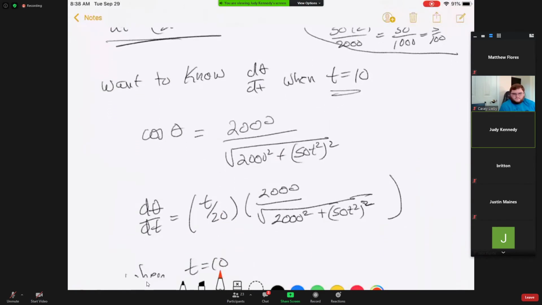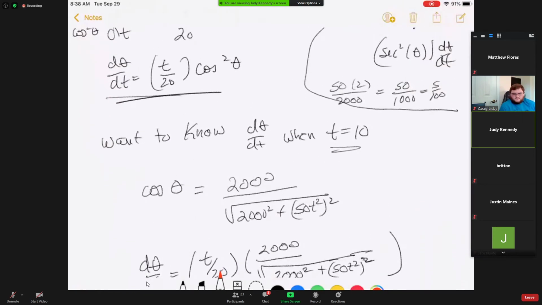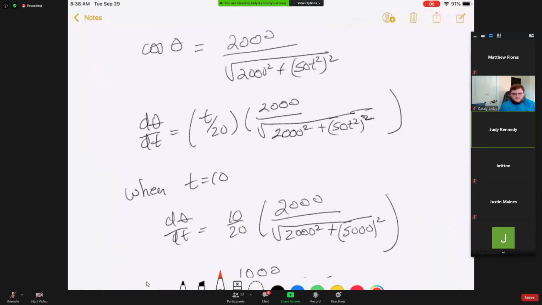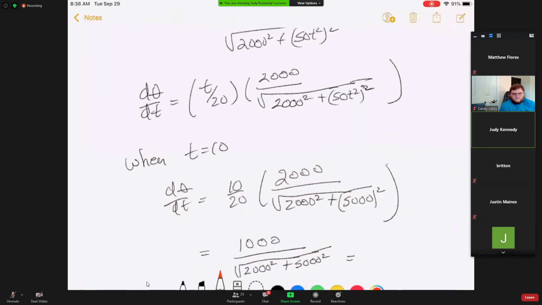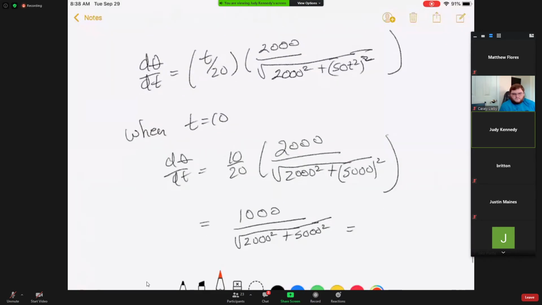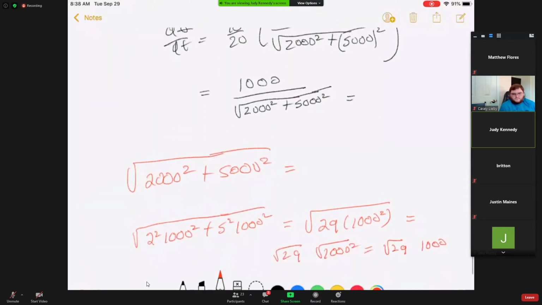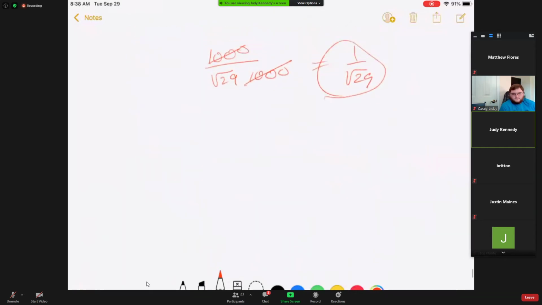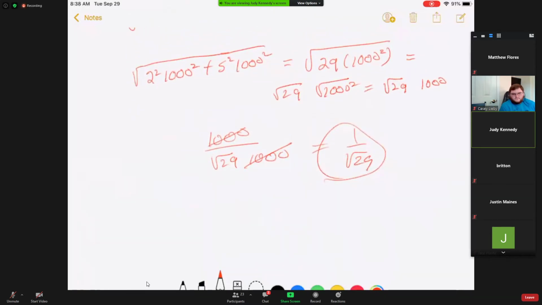So there's an error. I don't want to waste time finding my error, but I will find it after class, and I will fix it tomorrow. My arithmetic went wrong somewhere. I'm supposed to get 2 over 29, and I'm not supposed to have that square root left in there.